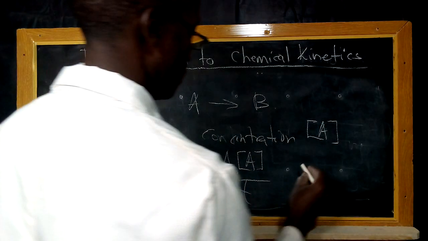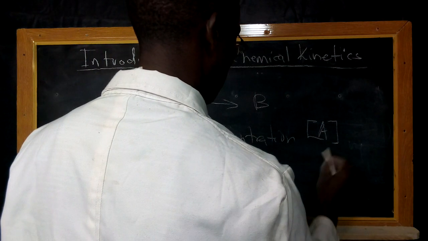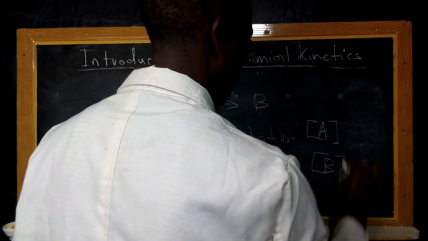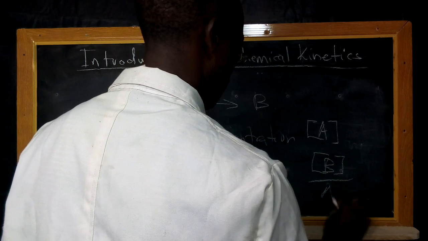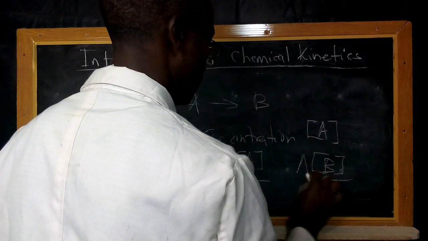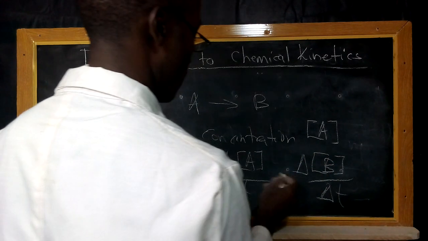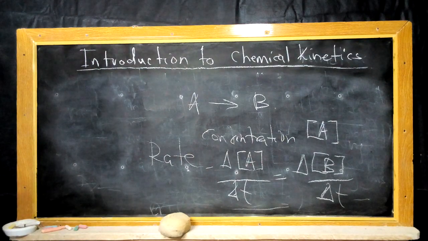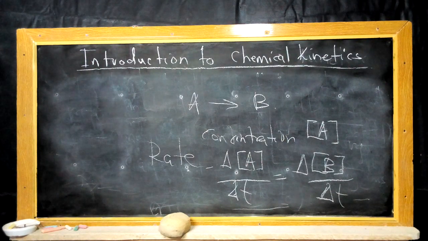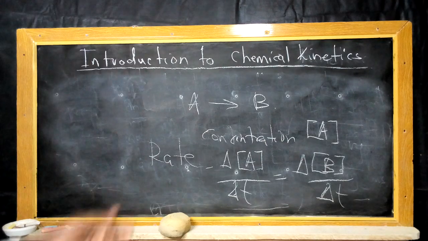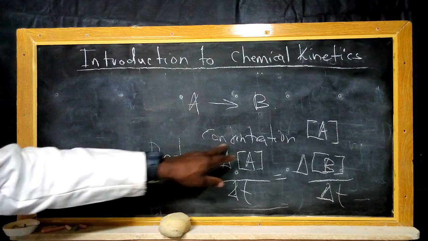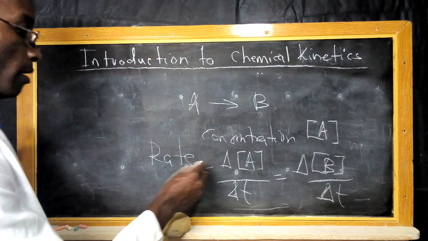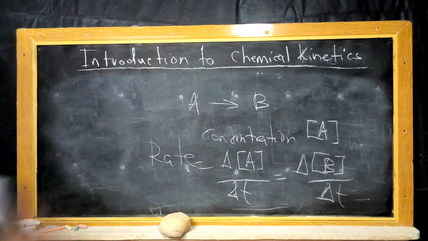If it's a positive sign, forming product B, this is the change in concentration of B over the change in time, which means a product is being formed. That's how we denote change in concentration, and change in concentration over change in time. This whole aspect gives us the rates we're talking about.